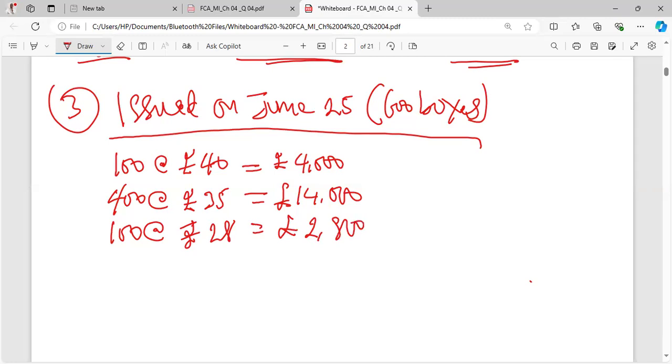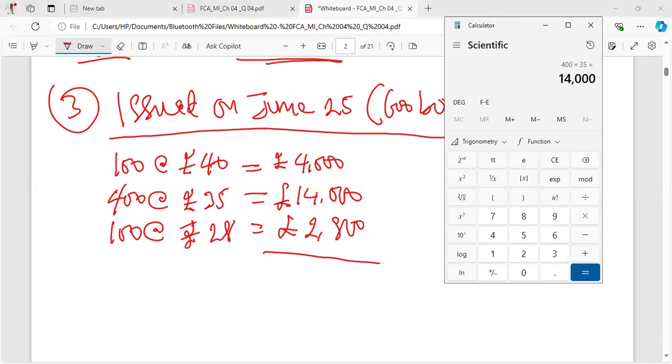All right, so we add them up together. 14,000 is on my calculator. So I'll just add 2,800 plus 4,000.